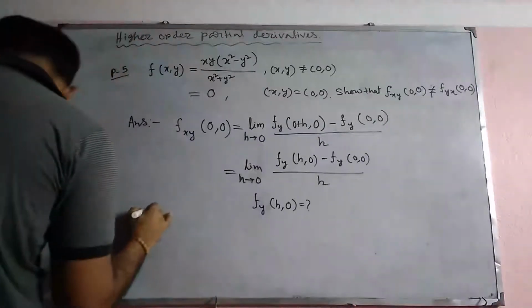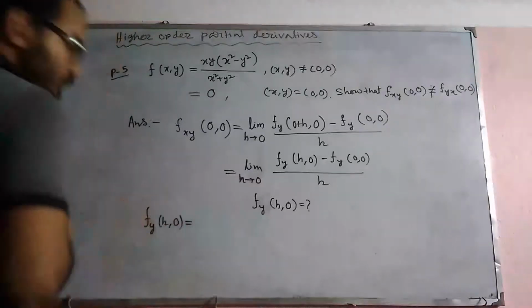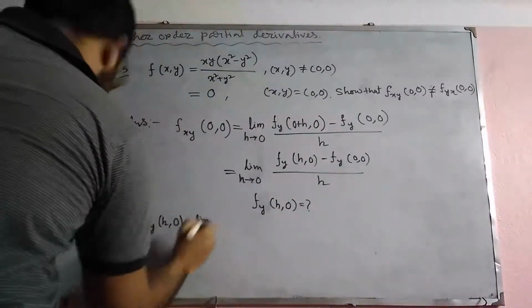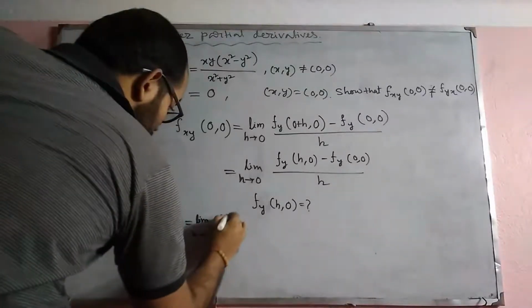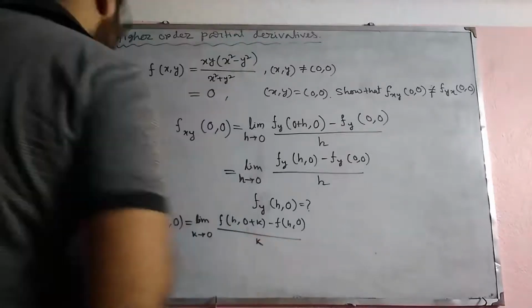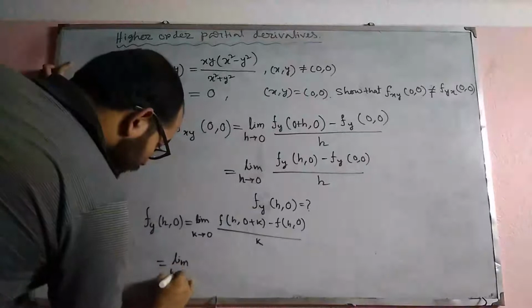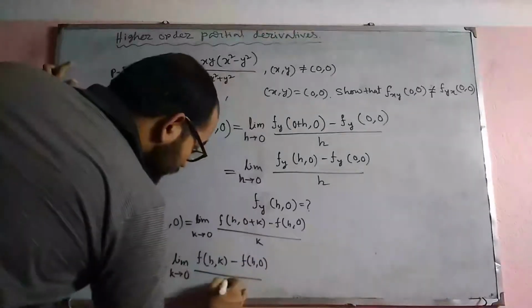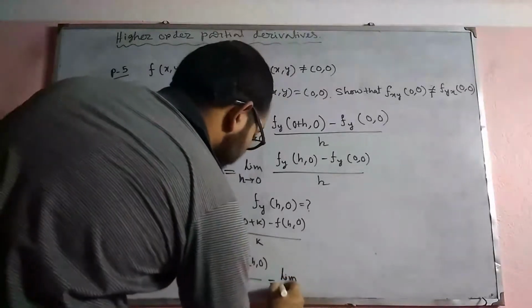f y of (h, 0) is equal to limit k tends to 0 of f of (h, 0 plus k) minus f of (h, 0) by k. This is equal to limit k tends to 0 of f of (h, k).